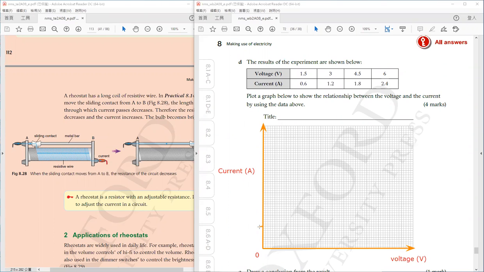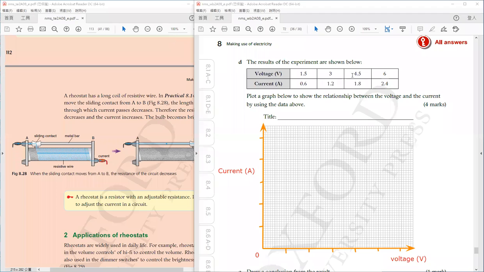For every 10 smaller boxes, we draw a little mark there. For voltage, it's the same, a little mark. Say 4, 5, and 6.